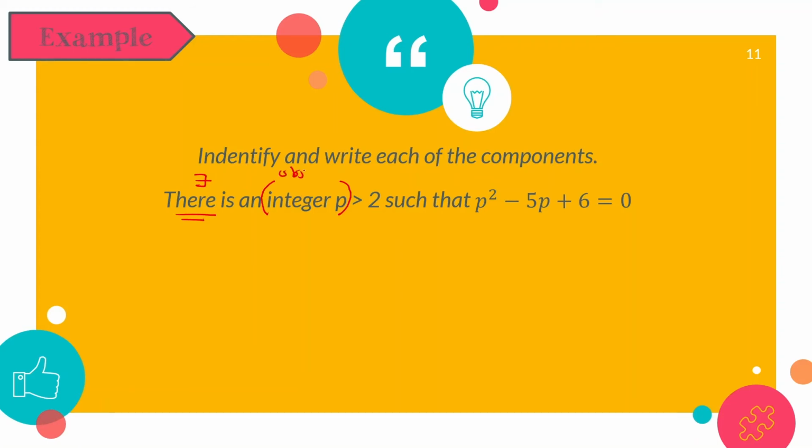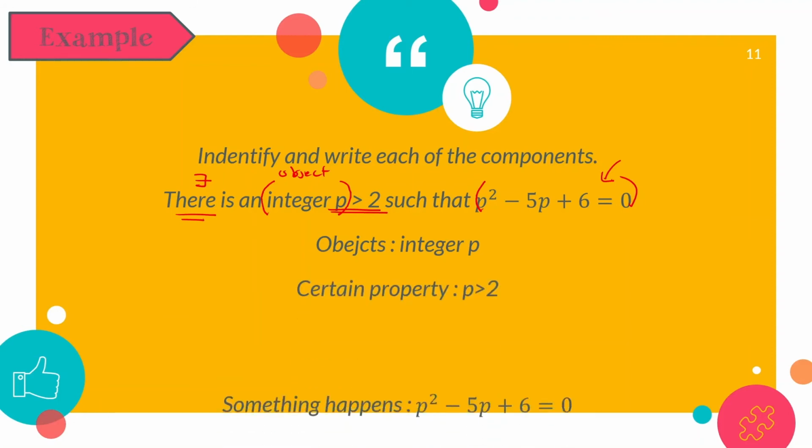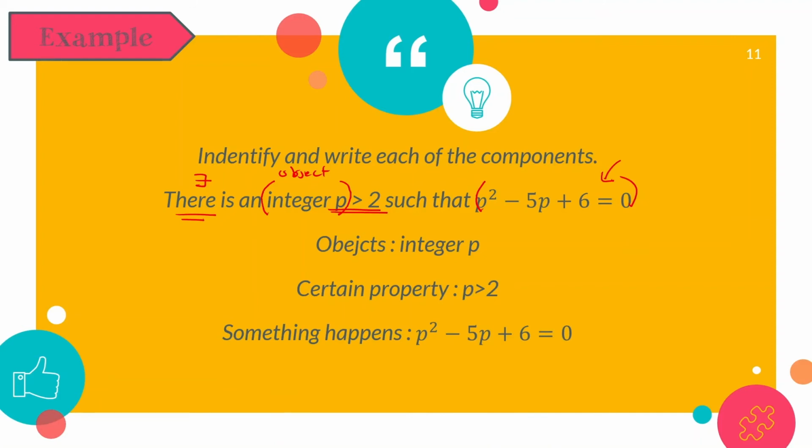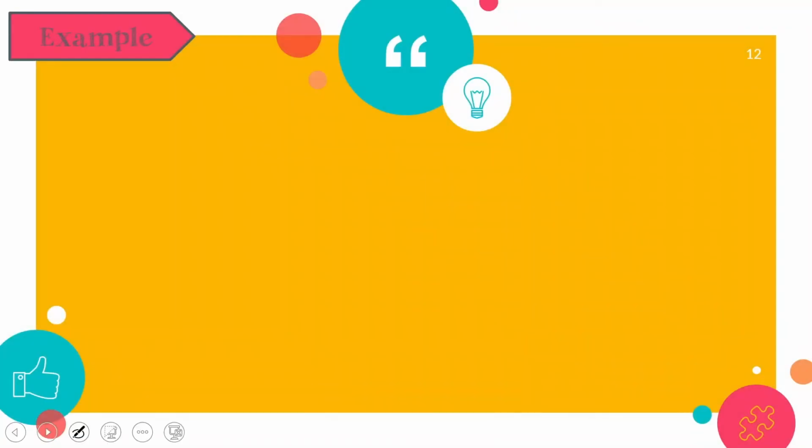This is the certain property, p is greater than 2, such that this is something happened. Let's see the answer. So the object is integer p, the certain property is p greater than 2, and something happened is p square minus 5p plus 6 equal to 0.